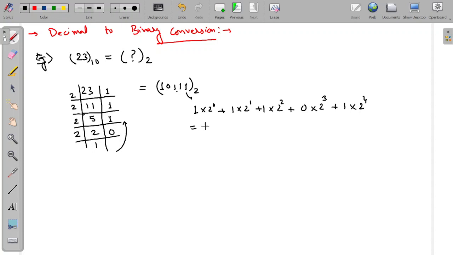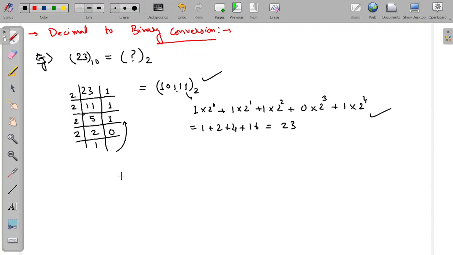So this becomes 1 plus 2 plus 4 plus 16, which is nothing but 23. So this is the correct answer. Once you get the equivalent binary number, you can verify your answer by using this method.